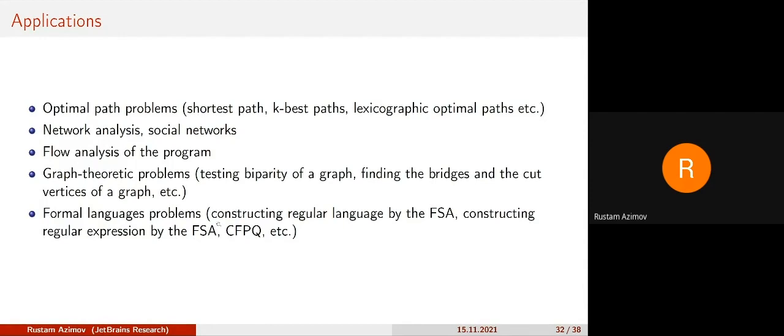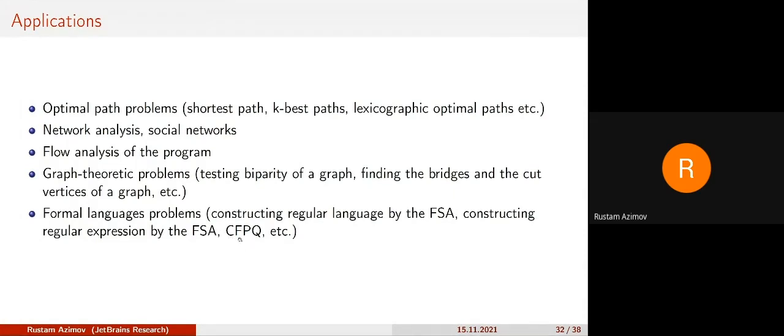Also, here is our algorithm for context-free path querying, where for a given context-free grammar and a graph, we want to find all paths in the graph that satisfy this context-free grammar, and this is a part of my dissertation.